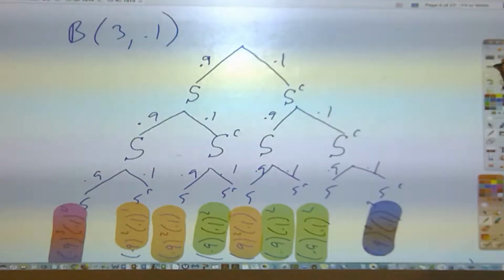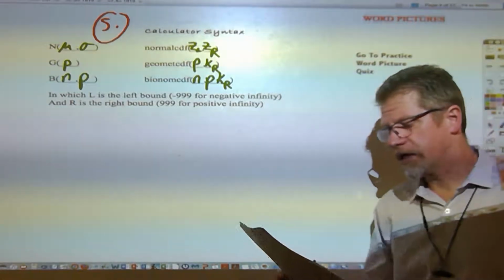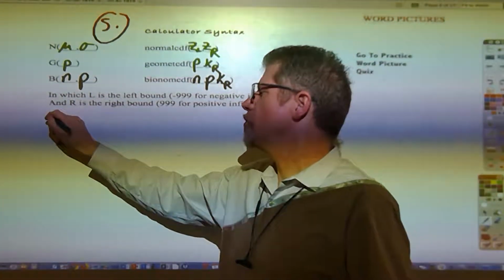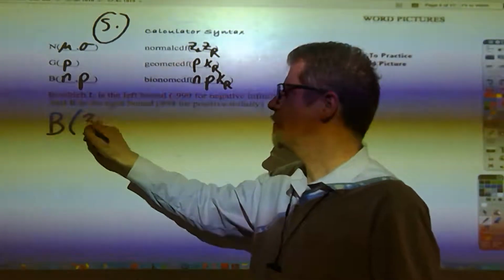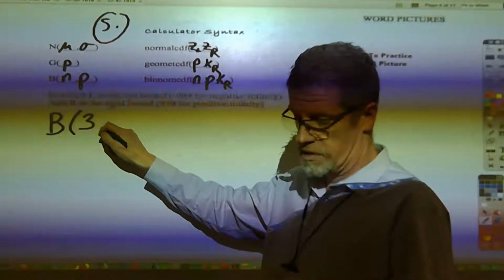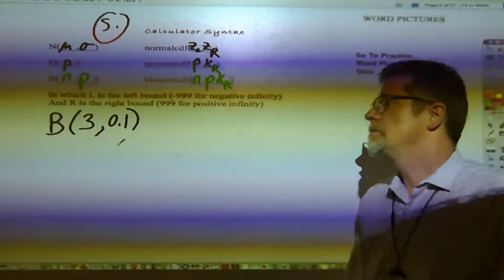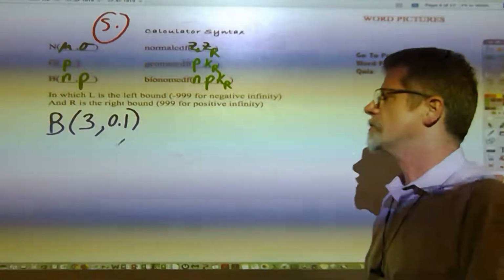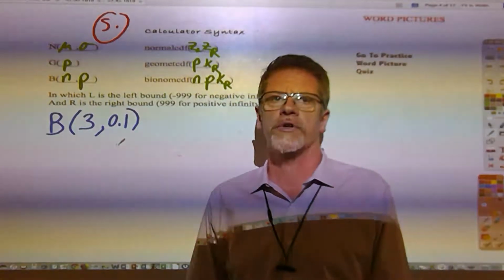So let's start to get familiar with what's going on here by considering the rocket or the model. I'm using rocket as a metaphor for model because some people have flown model rockets. B3, 0.1. Imagine that another polar vortex is expected to come through next week for the first 3 days.